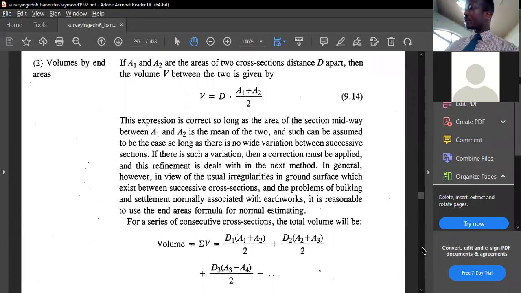Cross section through the project, average it, multiply by how long it is, you get a volume. That's all.